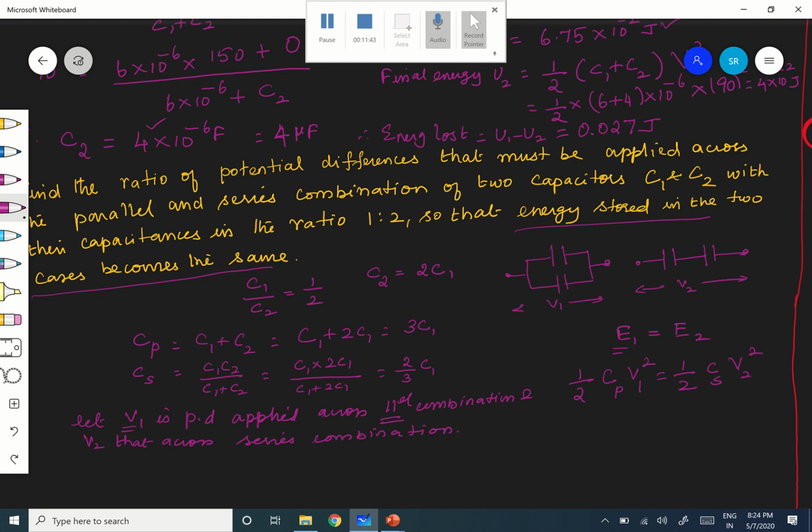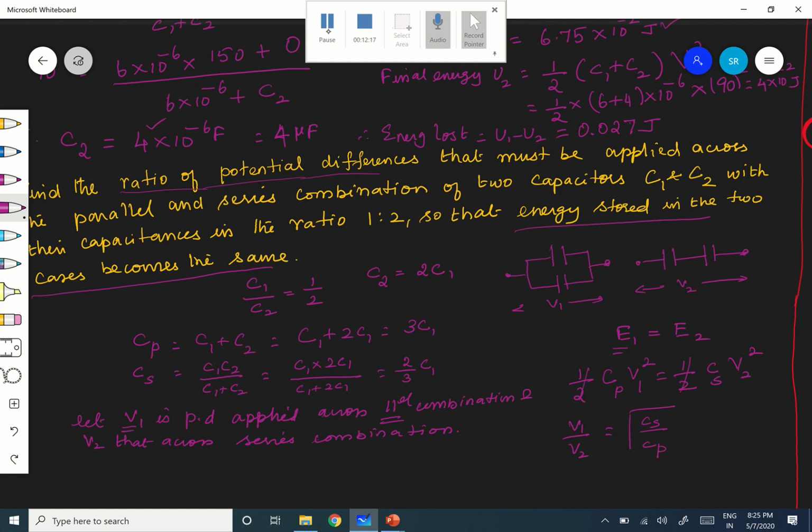Now you tell me, what is V1 by V2? Only the ratio of the potential difference is asked. Everything will cancel. Therefore V1 by V2 is equal to root of CS by CP.